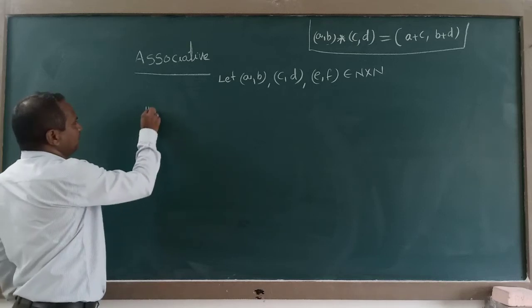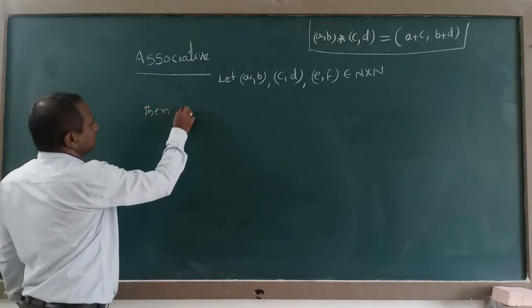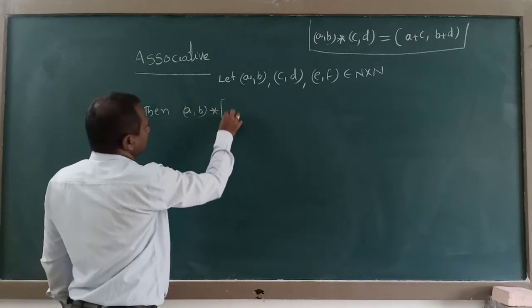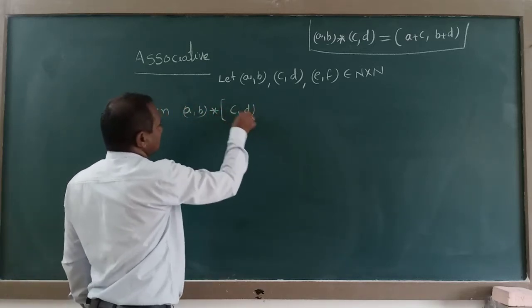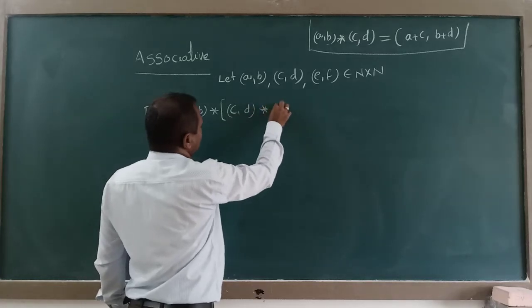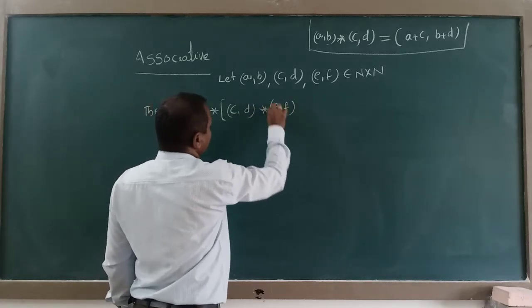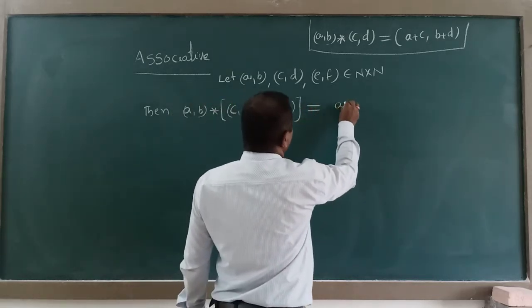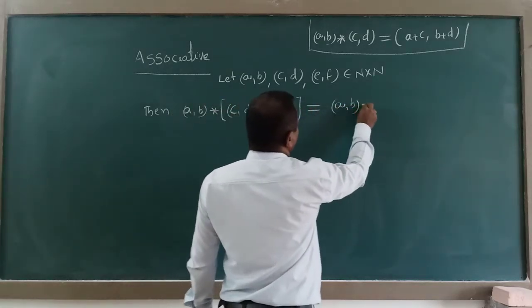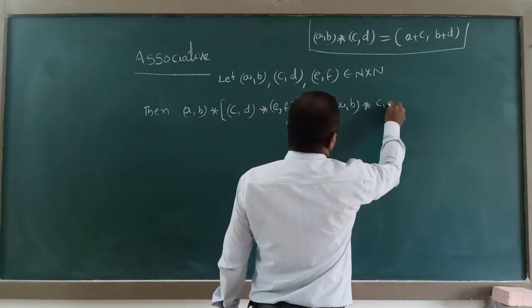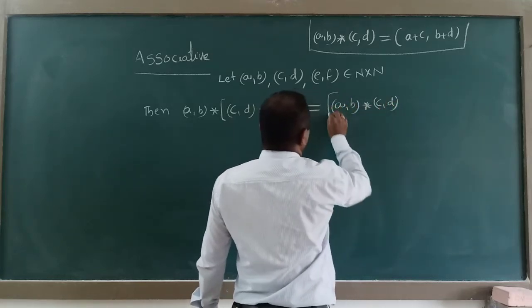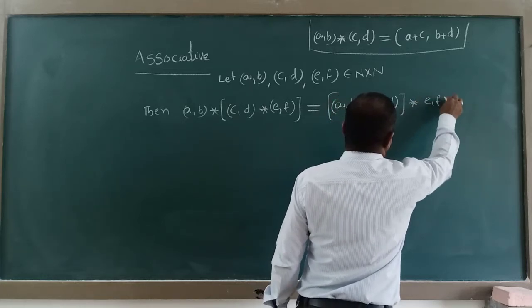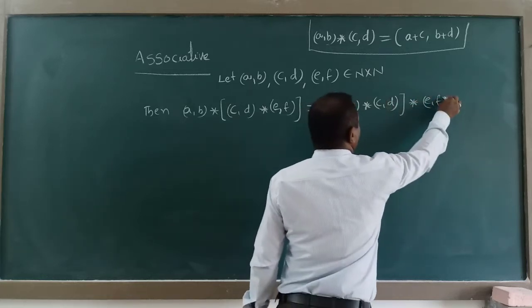Then definitely you should get this: (A, B) star ((C, D) star (E, F)) is equal to ((A, B) star (C, D)) star (E, F).